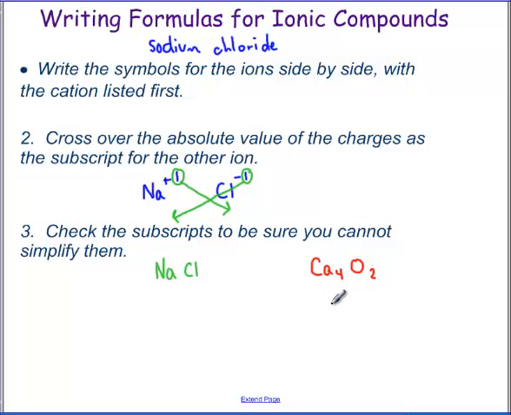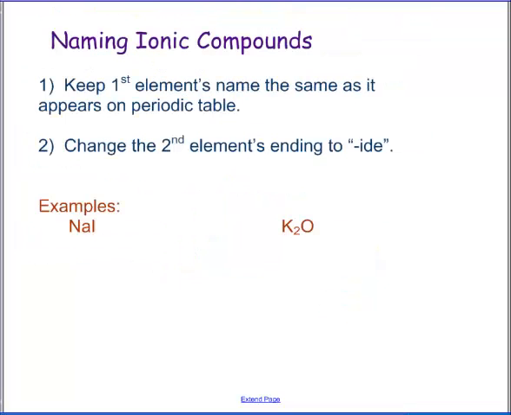Well, a 4:2 ratio would simplify to Ca2O1. There's an understood 1 there, but we never write 1 subscripts in science. So this method of finding the charges for each ion and crossing them over works every single time when you are asked to write a formula from an ionic compound.